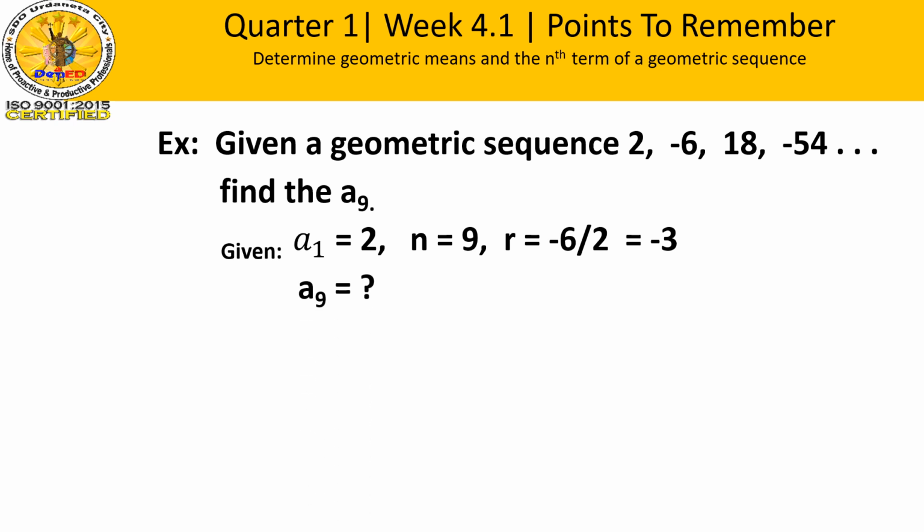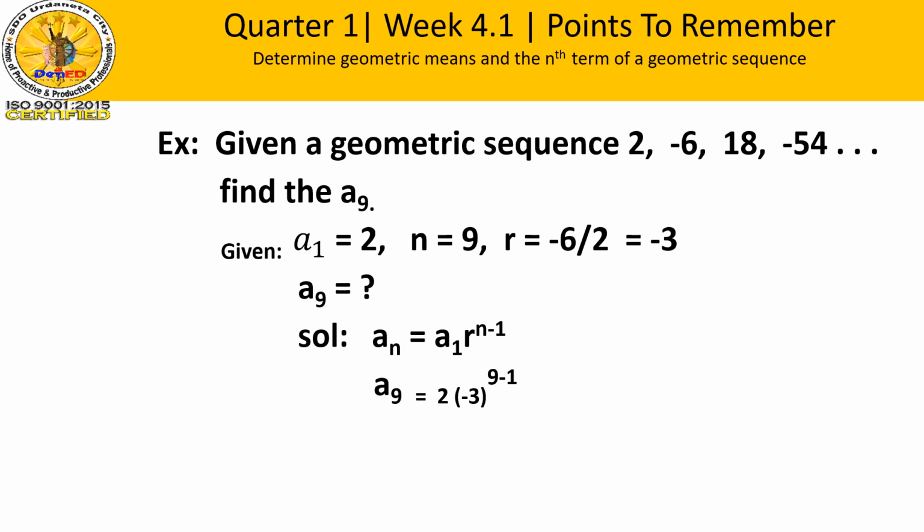Then, what is required is a sub 9, or the ninth term. Using the equation a sub n is equal to a sub 1 times r raised to n minus 1, that is the geometric sequence formula.